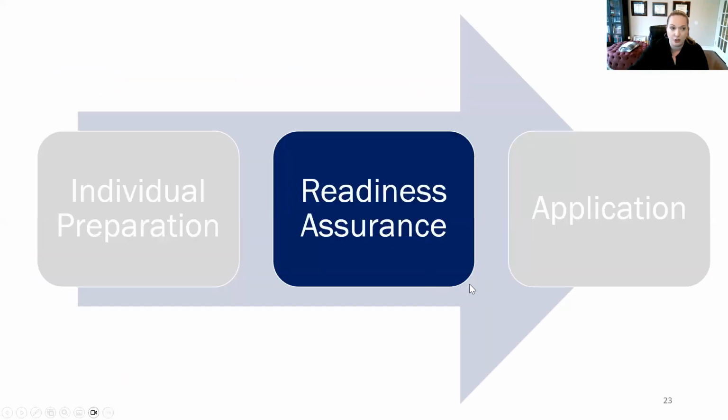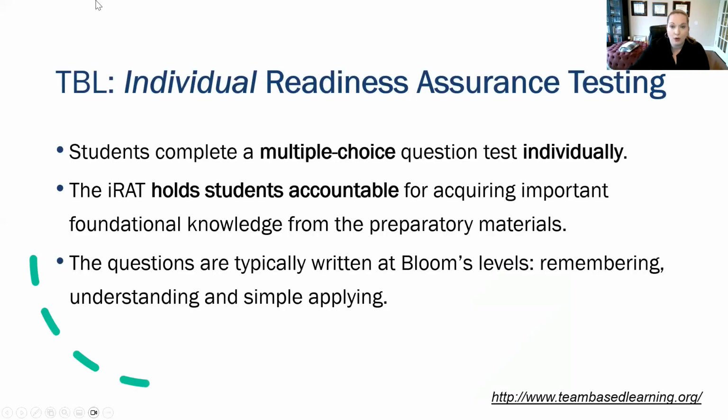Thinking about readiness assurance. When students are ready to start the TBL session, they complete a multiple choice question set on their own. This is called the IRAT, or the Individual Readiness Assurance Test. This holds students accountable for acquiring that important foundational knowledge from the preparatory materials.